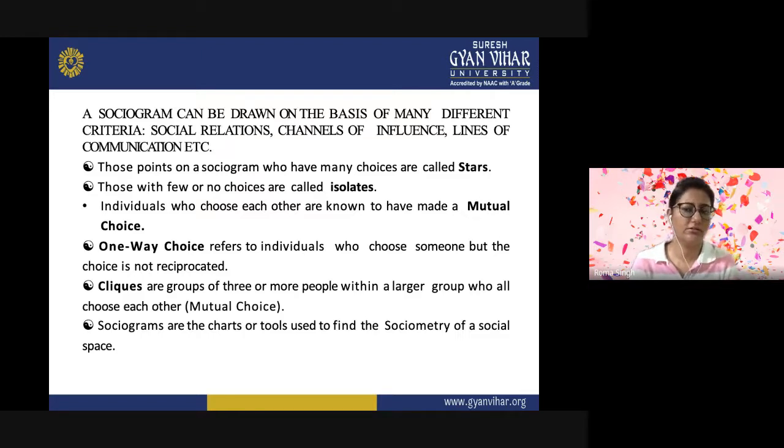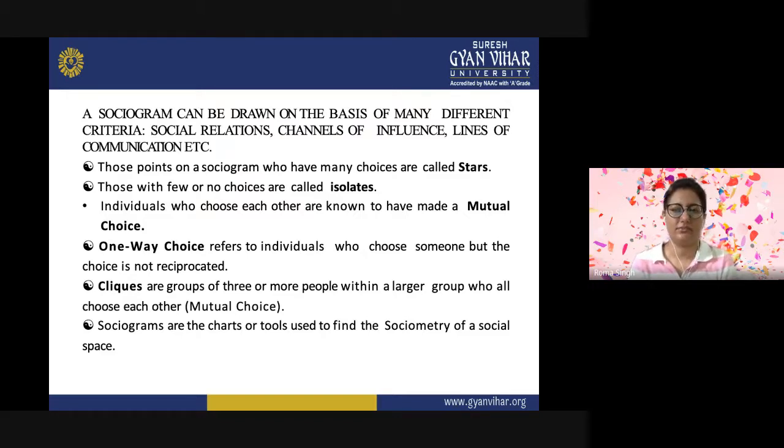Those people who have been given few or no choices at all by others in the group may be known as isolates, who actually choose to remain aloof from the group.